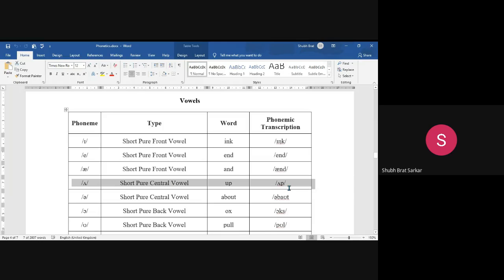A, P. The initial vowel sound of this word up, A. Fifth sound is A. In Hindi often we say A, Ka, Kha. So that sound A. Okay, that is the difference. This is A, short, pure central vowel in word like about, A, b, ow, t. The initial vowel sound of this word, a.